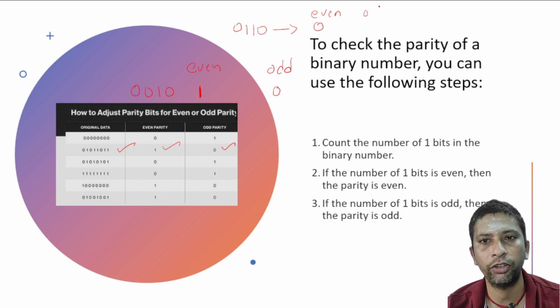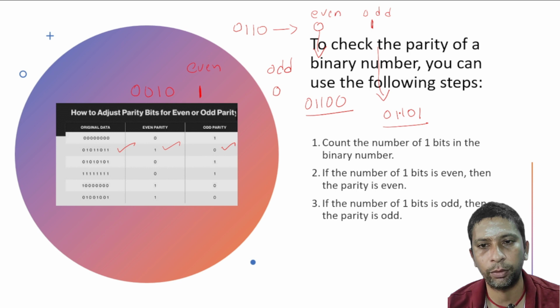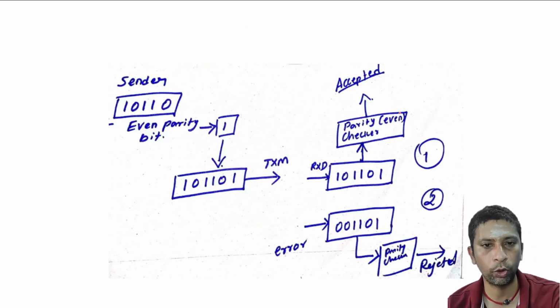Similarly, if I go for odd parity, I'll make sure the number of 1s is odd. So obviously I'll give 1, so that while transmitting, it will be 0, 1, 1, 0, 0. This will be transmitted. In the same case for my odd parity, it will be transmitted as 0, 1, 1, 0, 1. So look at this. This will be transmitted. Hope you all understood.